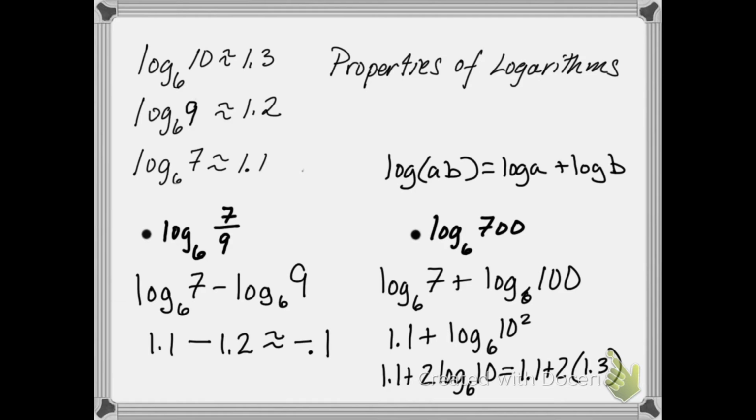And I have 1.1 plus 2.6, so this is approximately 3.7. Should always keep this all approximate because I'm just operating based off approximations. So I've run out of room here, but this is a trivial sum to do. 2.6 plus 1.1, 3.7.